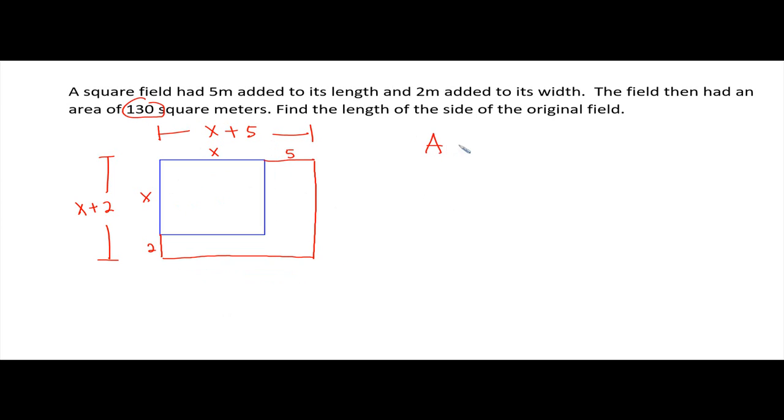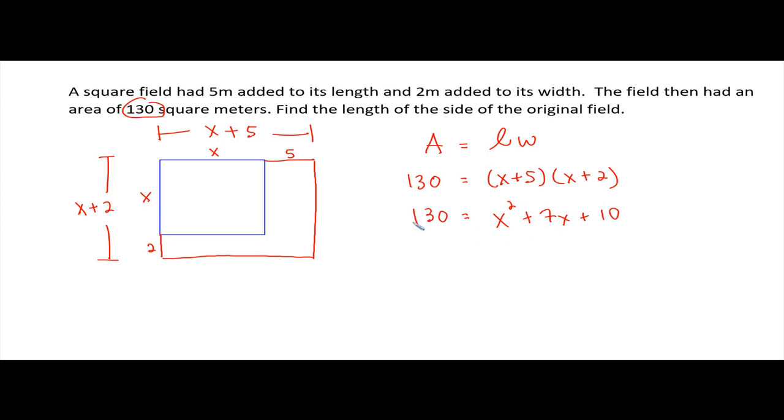We know the area of a rectangle is the length times the width. They're saying the area of the new bigger shape is 130. So we have x plus 5 times x plus 2. Multiply this out, we get x squared plus 7x plus 10 is equal to 130.